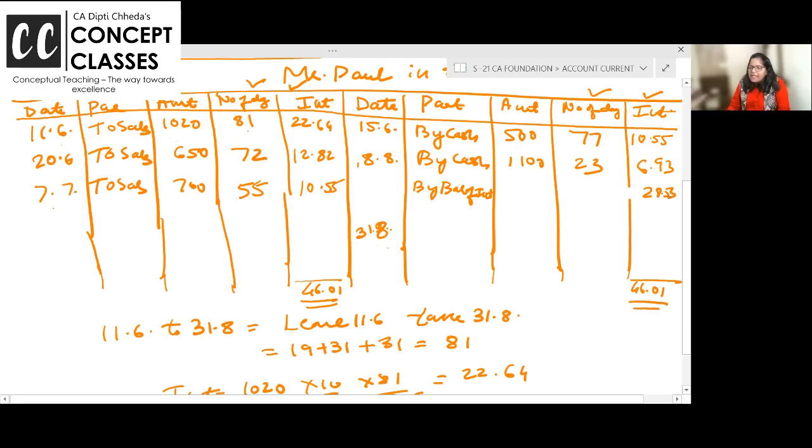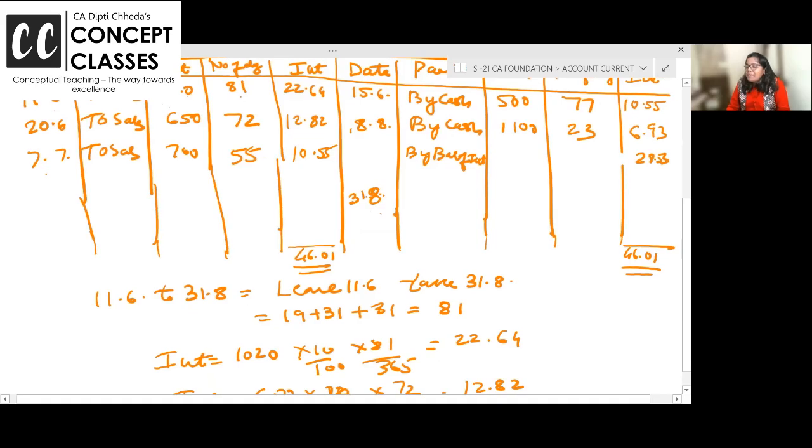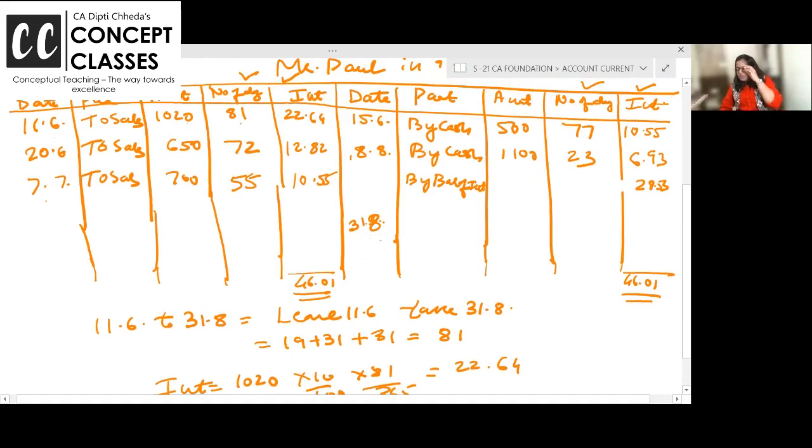I am again saying interest and number of days is a memorandum column. Now look here, all of you. Listen, all of you. Whatever I have sold to Paul, I have to collect 46 rupees interest. And I have to pay to Paul 16 rupees interest. So can I collect net interest from him?